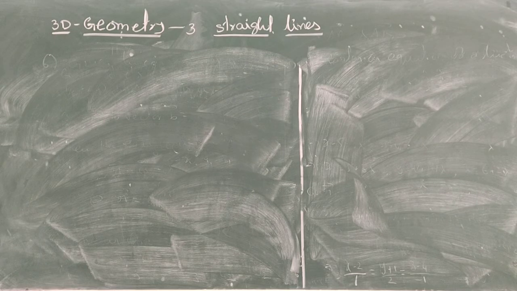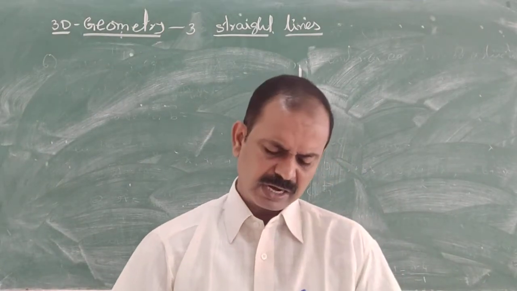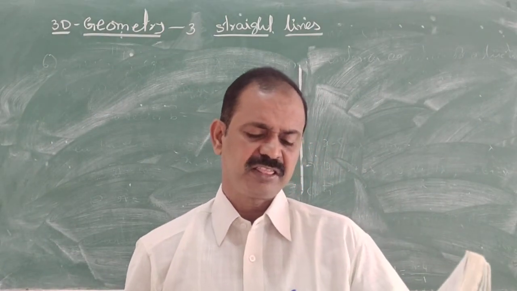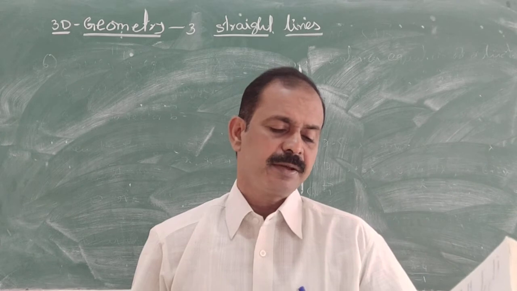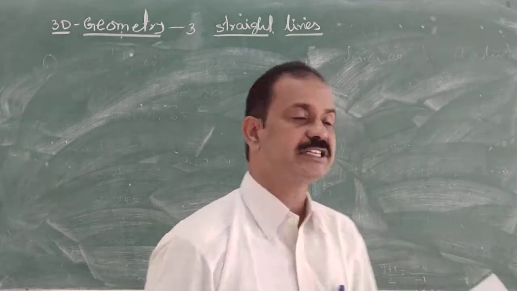Next is, find the vector and Cartesian equations of the line that passes through the origin and one more point, 2 points are given.